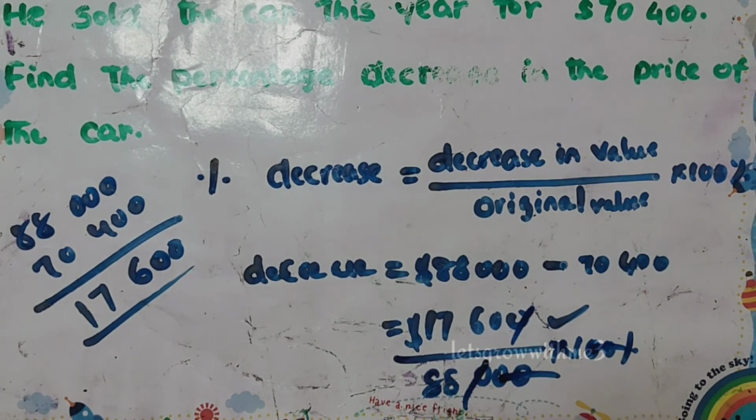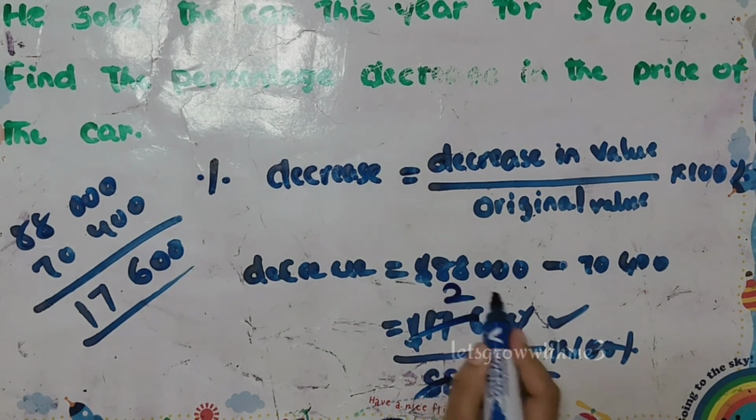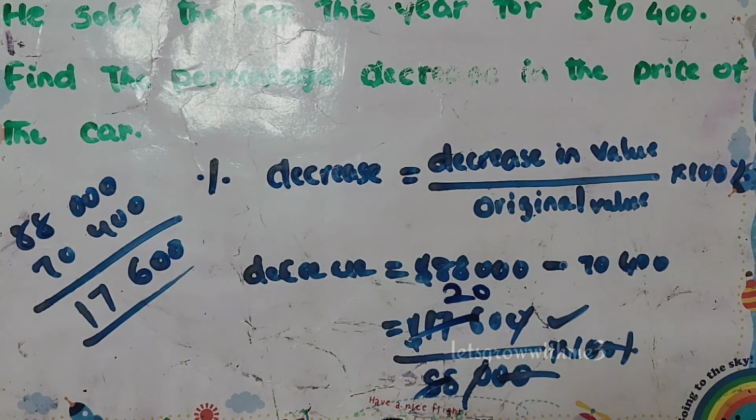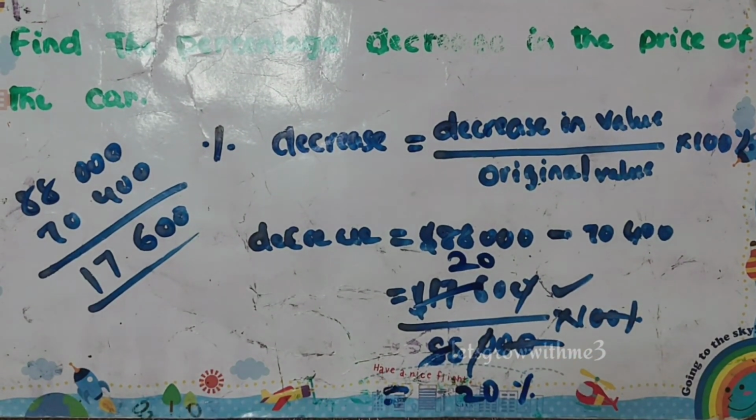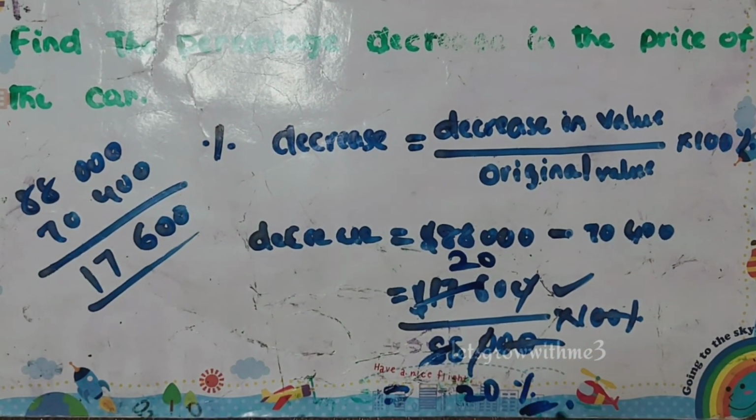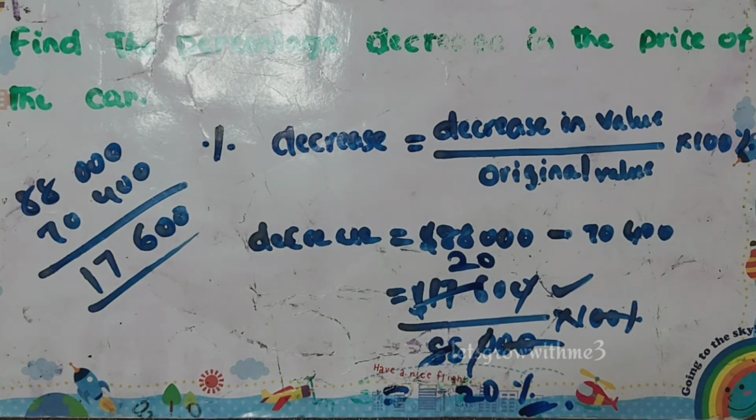So now we have 1760 over 88. Just divide: 1760 over 88 is 20%. 88 twos are 176, so for the 0 we append 1 zero. So how much percentage decrease in the price of the car?